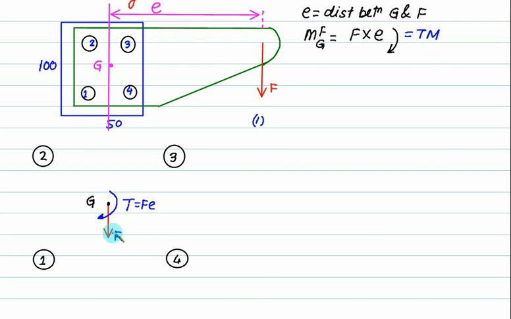Divide this force equally into all the 4 rivets. This F is called the primary shear force. F is the primary shear force, and this F is equally divided in all the places. So we have F1 equals F2 equals F3 equals F4, which is the same as F divided by the number of rivets.